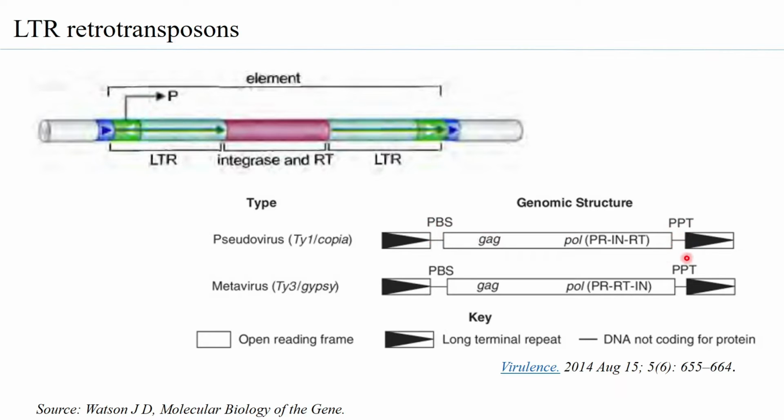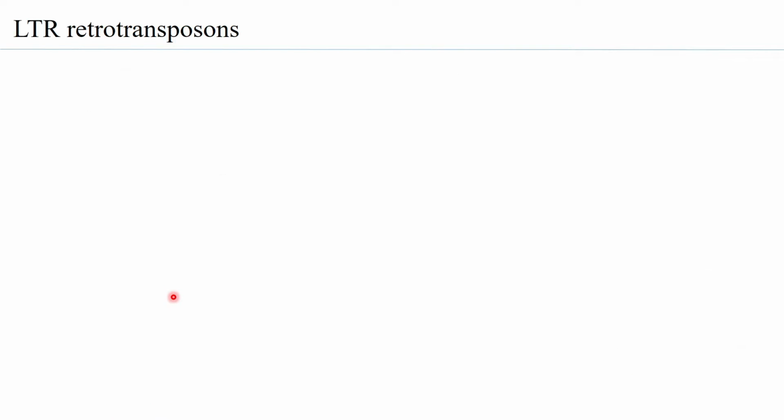So this is also of use again during transposition itself. So you see the same kind of thing in the metavirus family of retrotransposon, but the only difference is the order in which the enzyme genes are present. So therefore, this is an overall structure that is there for the long terminal repeat retrotransposons.